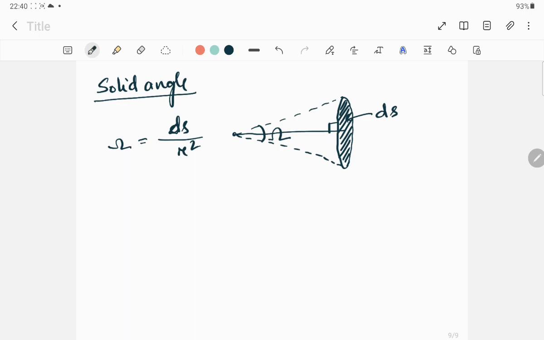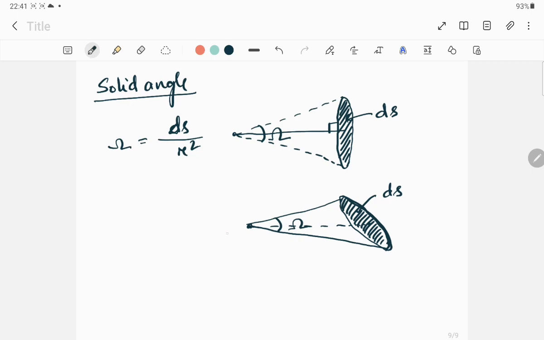But if it is not exactly perpendicular, if it is inclined like this, the same area ds, this is the solid angle.